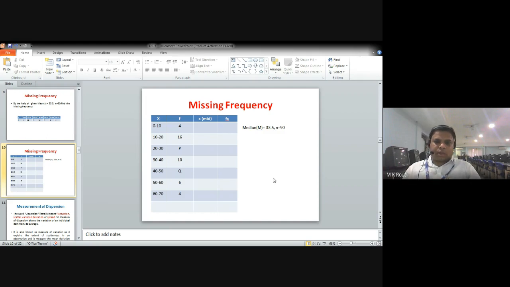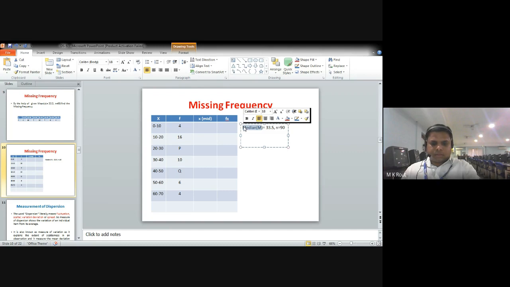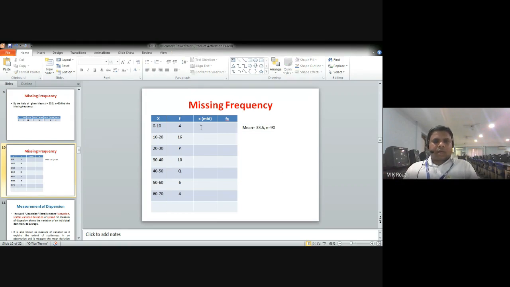Here we have, sorry, that is mean. First, calculate the mid values. 0 plus 10 divided by 2 is 5. This one is 15, 25.